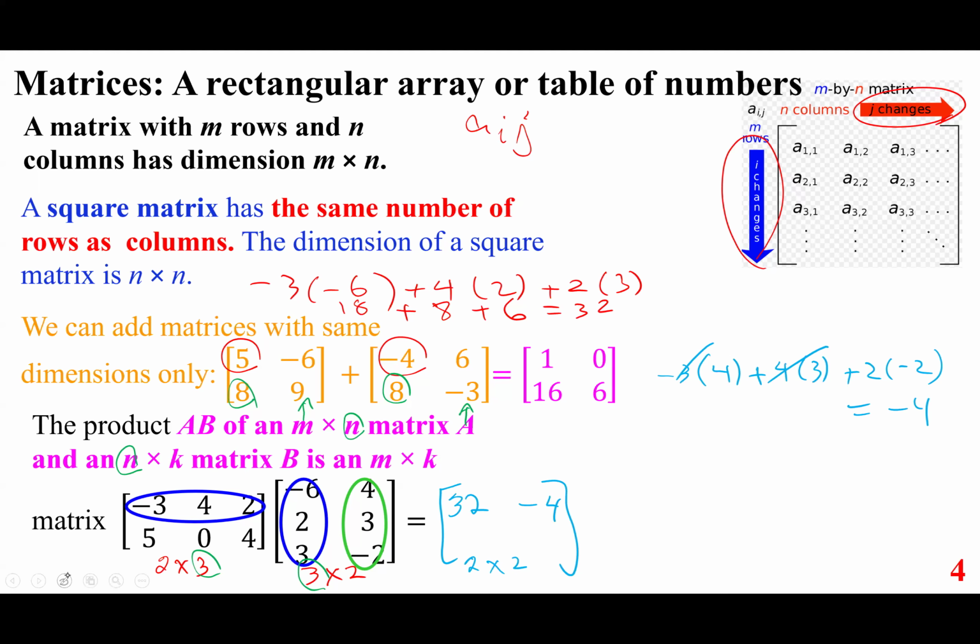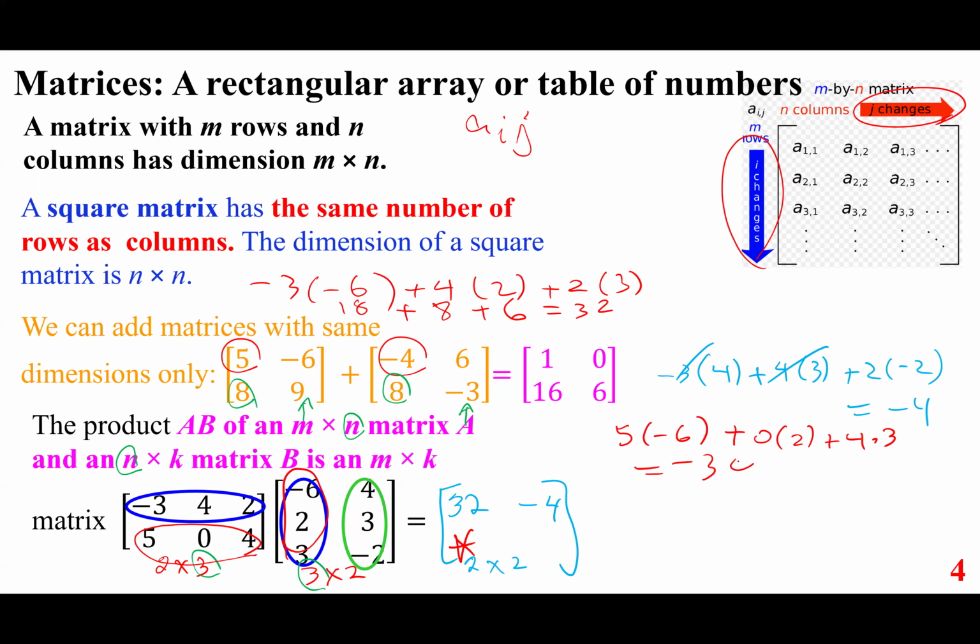So let me do one more just for the sake of argument. If I multiply this one by this one, I get this entry. Okay. So I get 5 times -6 plus 0 has no bearing, but anyways, let's write it down. 0 times 2 plus 4 times 3.